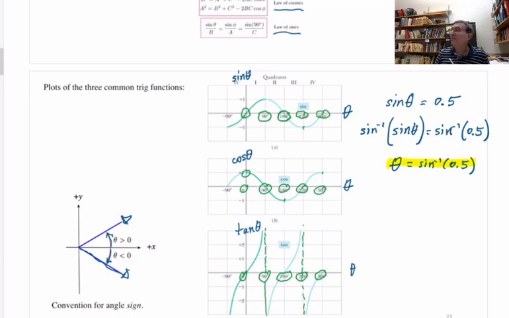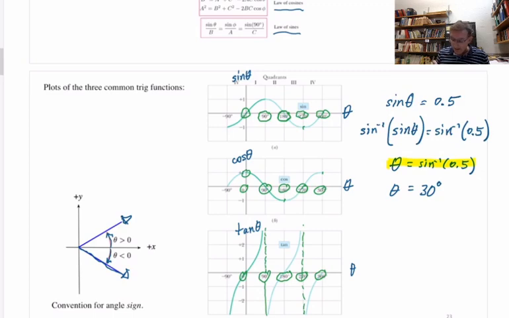So all you have to do is go to your calculator, make sure it's in what's called degree mode, if you want the angle in degrees, and have it give you the inverse sine of 0.5. If your calculator is in degree mode, you will find that it gives you a result of 30 degrees. So we say that the inverse sine of 1/2 is 30 degrees.